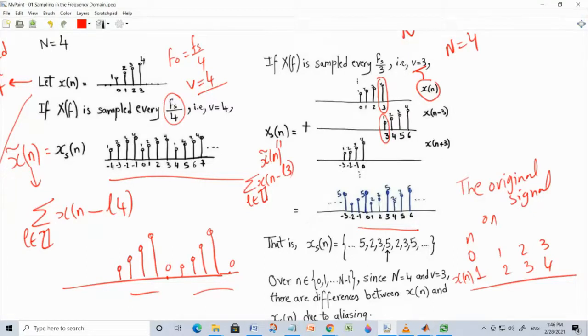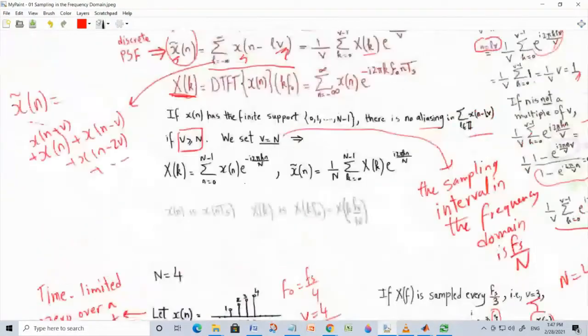Now we are sampling in the frequency domain, and things become periodized in the time domain. And we discovered that to avoid aliasing, to avoid that this sum will have components that interfere, we need v to be greater than or equal to n.